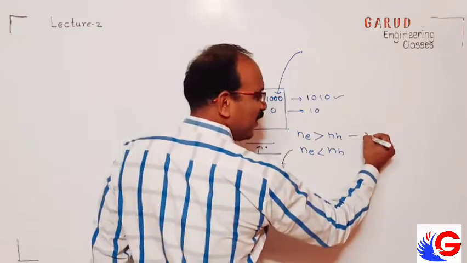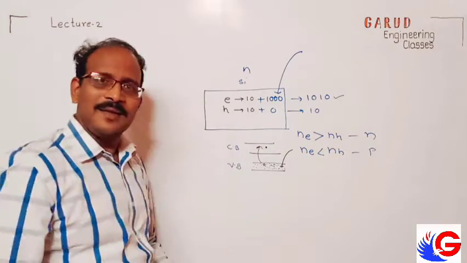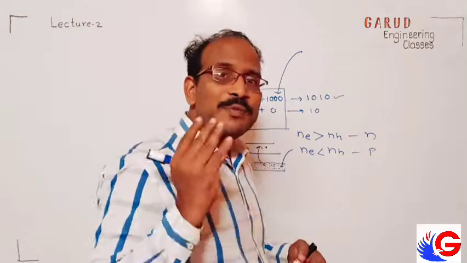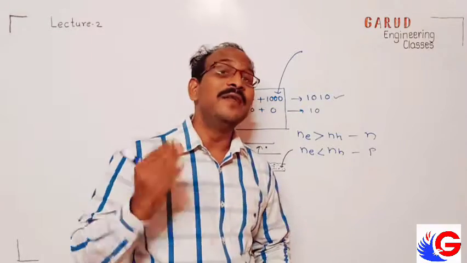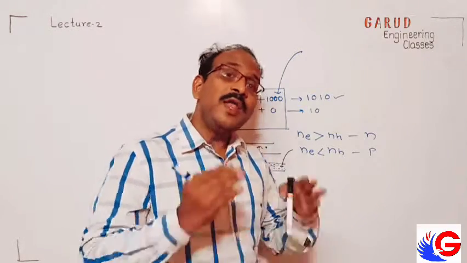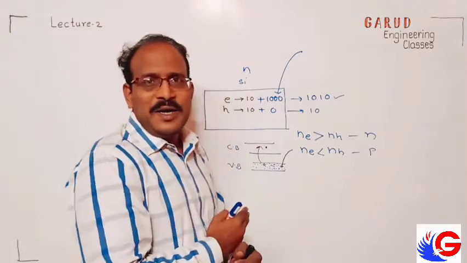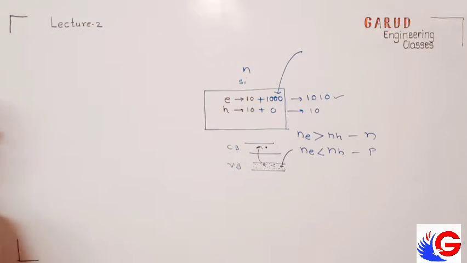This is N type material, this is P type material. Got it? So who decides the type of the semiconductor? The type of the semiconductor is decided by the carriers. Majority carriers decide the type of the material. Okay? You are clear with this?